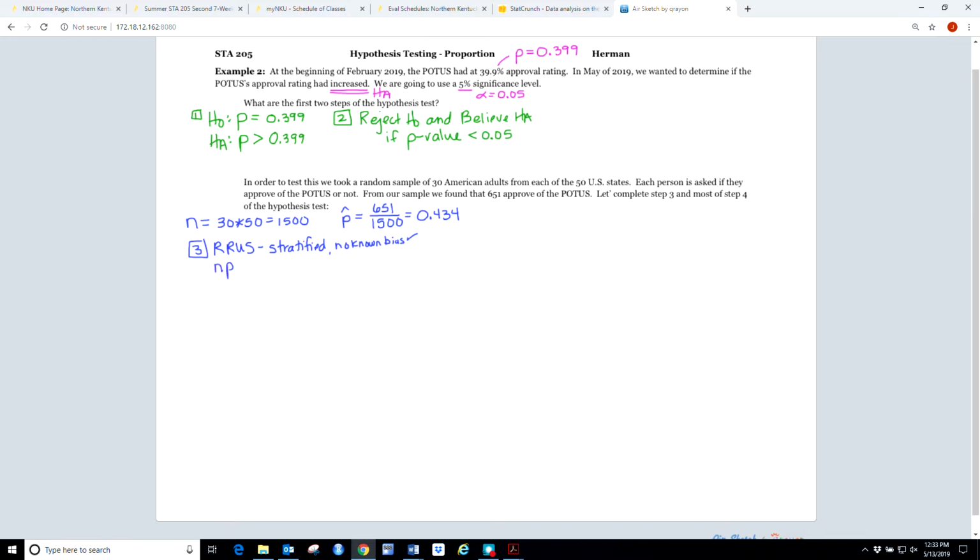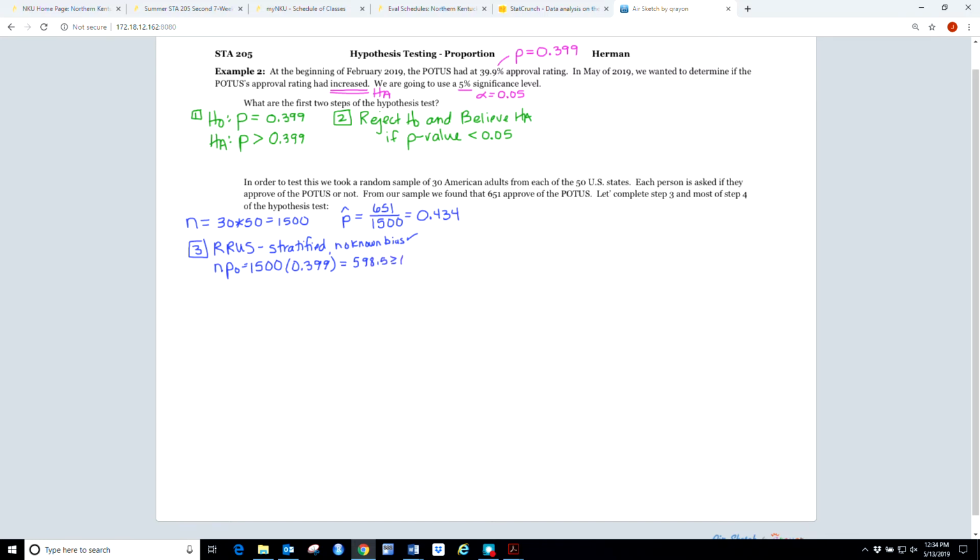Next, we want to take n times p0. So our n is 1,500. You remember that p0, that little 0 is there to remind us to go up to this 0, and so we're going to use this 0.399 to do our math here, which gives us 598.5.